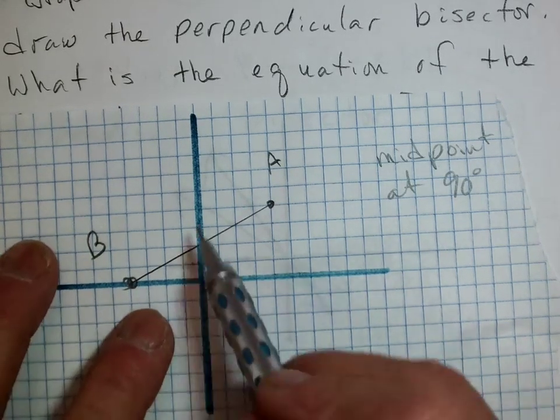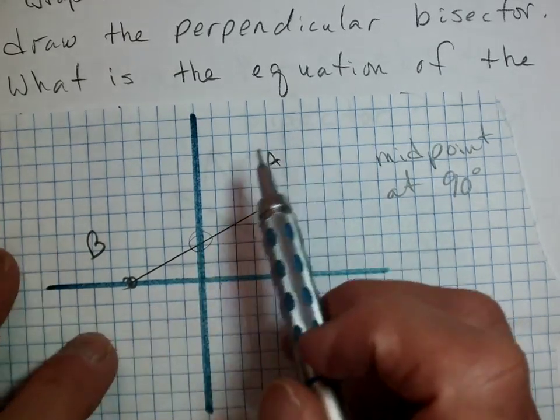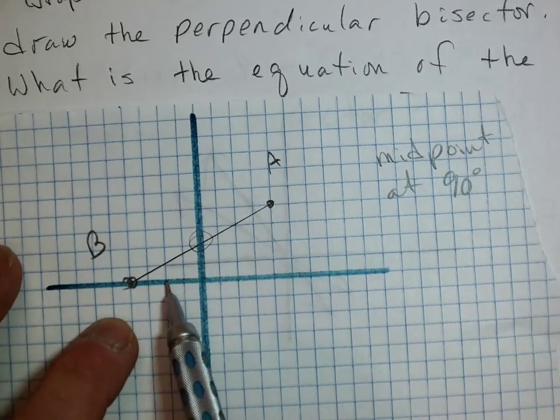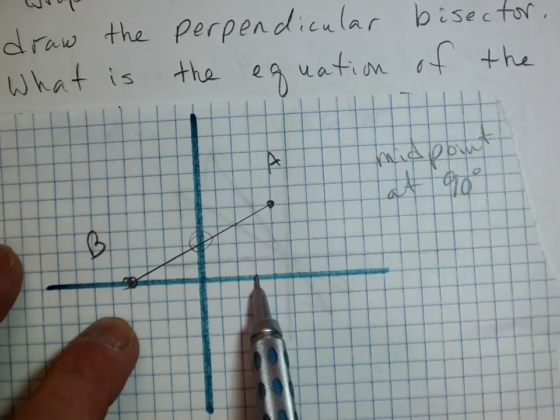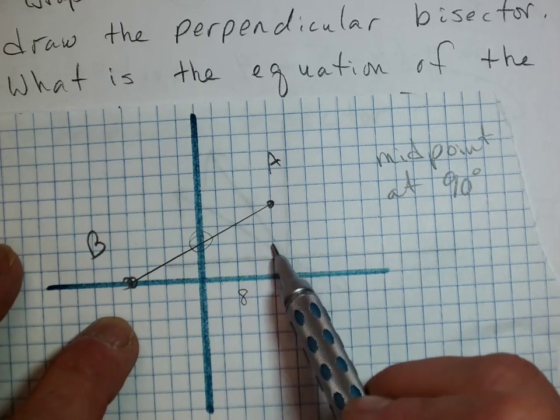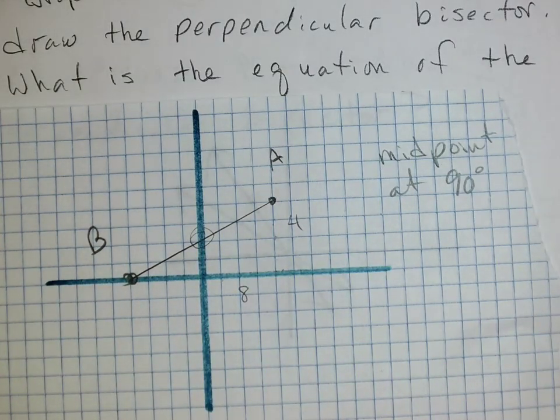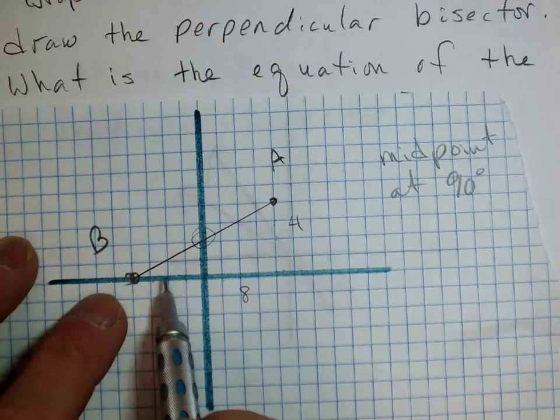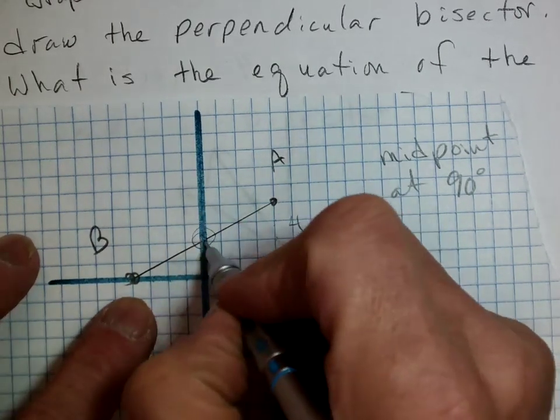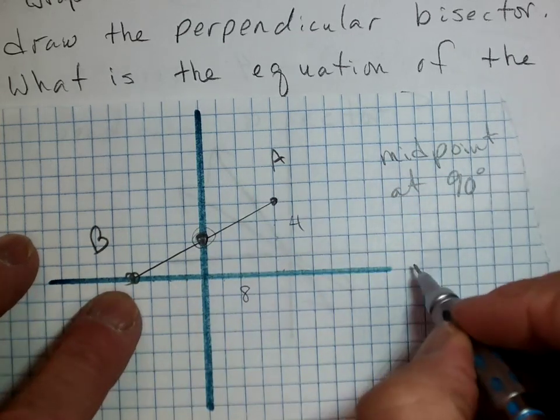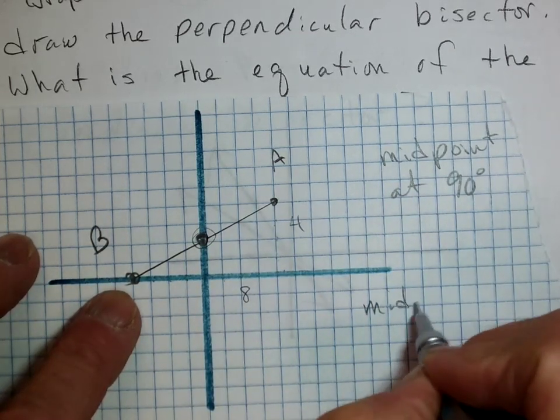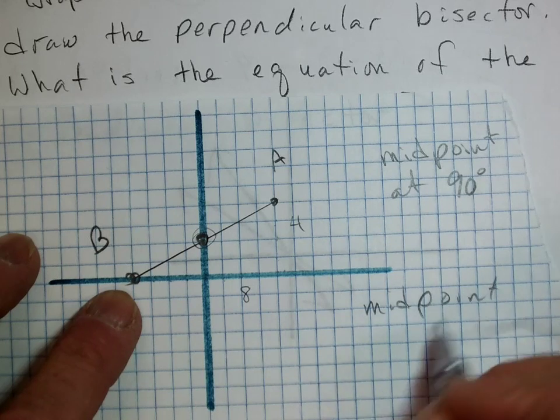I think it's right here, but I can walk it. 1, 2, 3, 4, 5, 6, 7, 8. 1, 2, 3, 4. The full journey is over 8 up 4. But if I want the midpoint, it'd be halfway, which is half the journey. So instead of 8, 4, let's go 4, 2. So my midpoint is really at the point 0, 2.